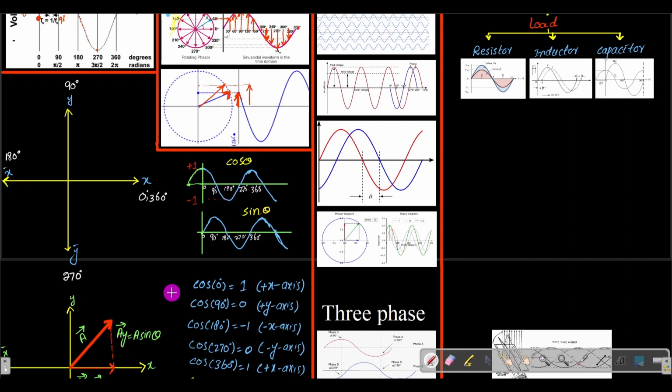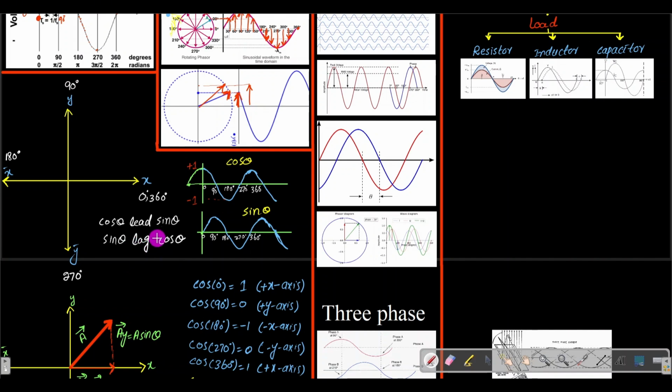So therefore we can say that the cos function, the cos wave or the cos theta, leads the sine theta, and in other words we can say that sine theta lags the cos theta, okay.